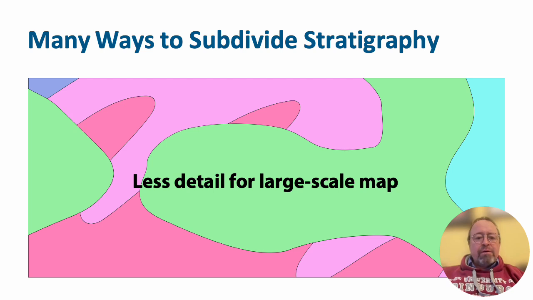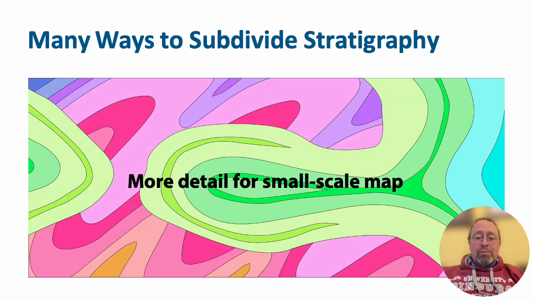Also, the scale of observation may be important. On a bigger map you might want to simplify more. On a bigger map it's likely to have maybe dozens of formations, which gets a bit overwhelming to the eye, so you might want to simplify that, break things down a little bit. And then of course conversely, if you're on a very small scale map, you might want to put in a bit of extra detail.